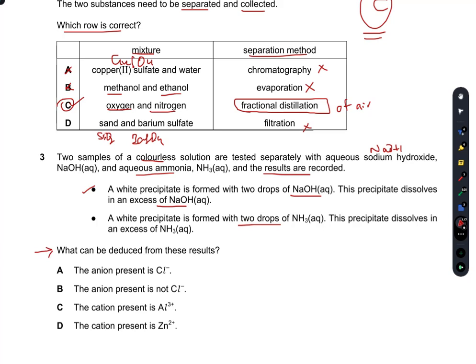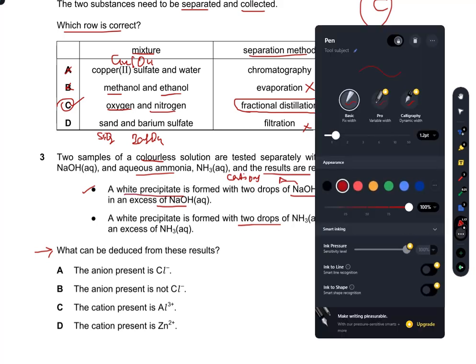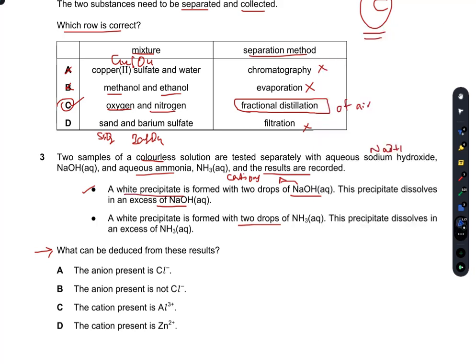So the first thing is that NaOH is used for cations testing. So a white precipitate is formed. That means that it could be aluminium ions, zinc ions, or calcium ions, and these three dissolve in an excess of NaOH.